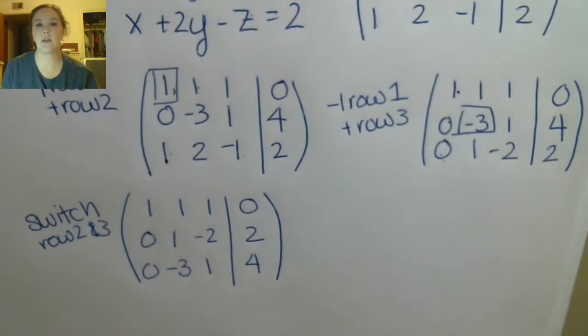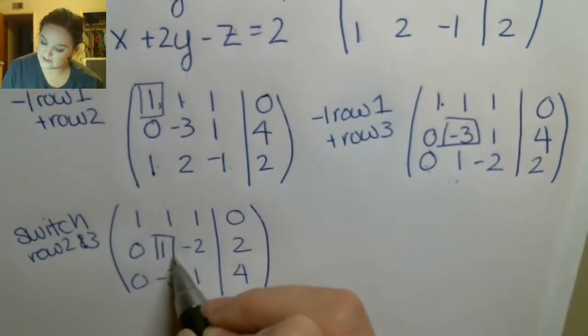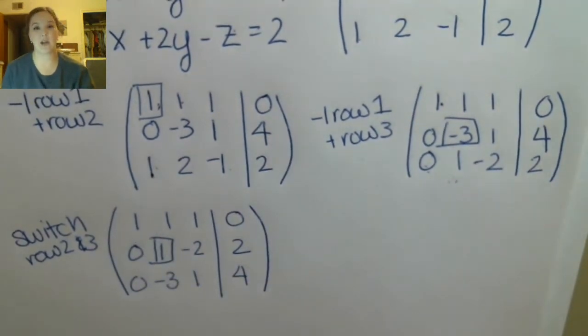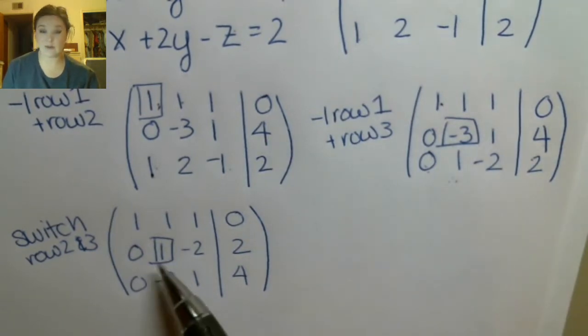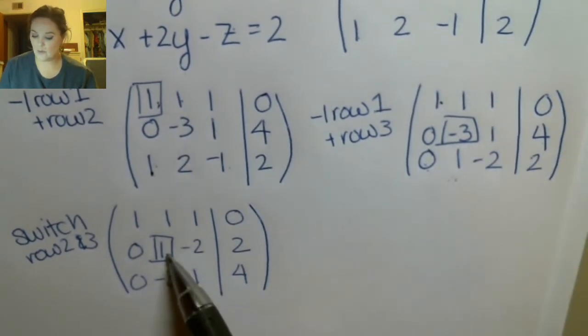You can do that to avoid having fractions, because now we will have a 1 in this position, which means we won't have any fractions from dividing. The other time you might want to do that is if you have a 0 on the diagonal, you want to switch the rows so that you don't have a 0 there. So now we have a 1 here.